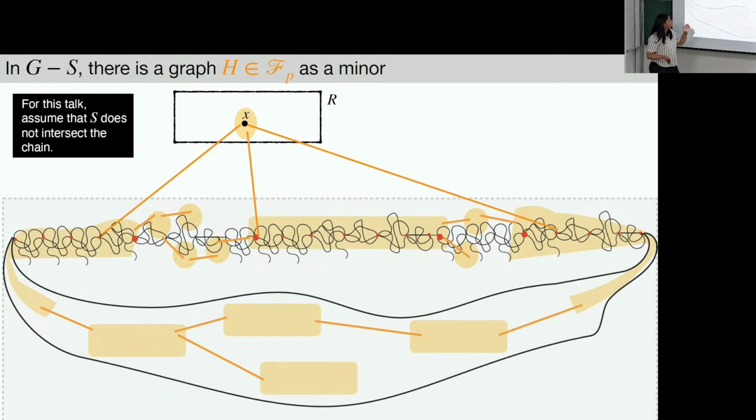The final question is why do we have long branch sets? Why does this branch set need to go all the way here? The only reason is to connect to these smaller branch sets. Now if you look inside one block, at just this yellow portion of the branch sets, this corresponds to some minor model of some graph on at most H vertices.